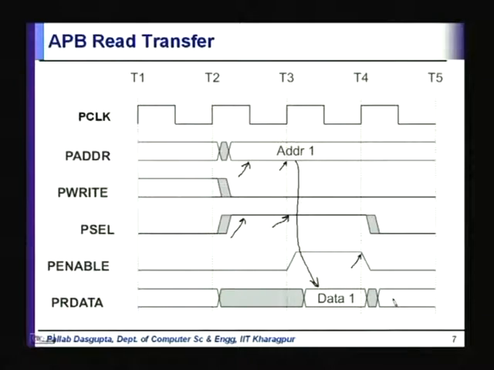So you see the next data cannot be put in here. I mean, even if it is put here, it will not be read in the next cycle. It will be read in the cycle after that. Why? Because P enable is going down, then in the next cycle P enable can go up, and in T6 it can read it if there is another data item.